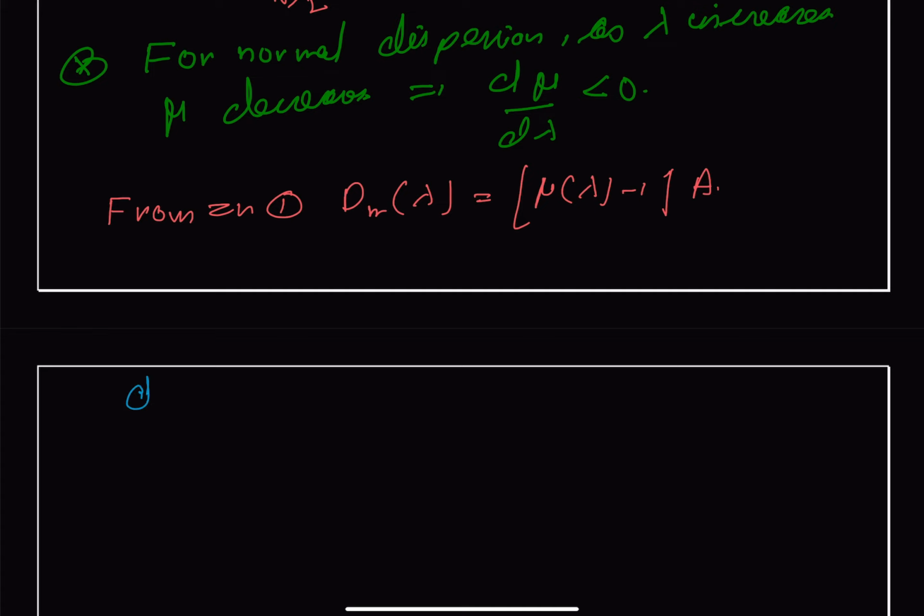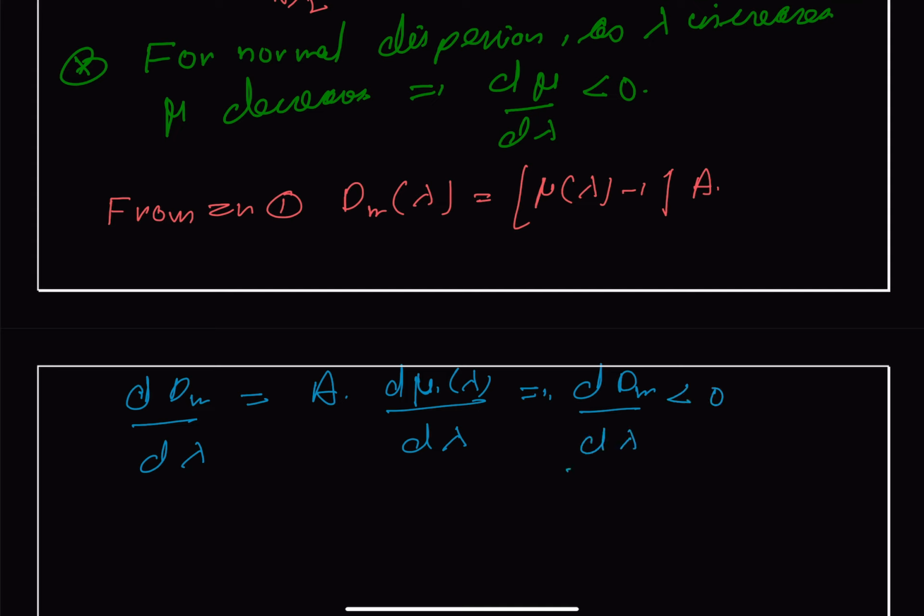We get dm with respect to lambda equal to a multiplied by d mu(lambda) divided by d lambda. And we already know that d mu by d lambda is less than 0. So from here we can say that dm by d lambda is also less than 0.